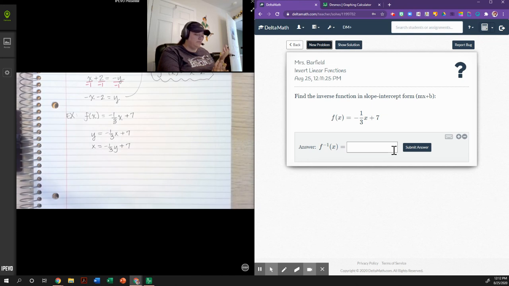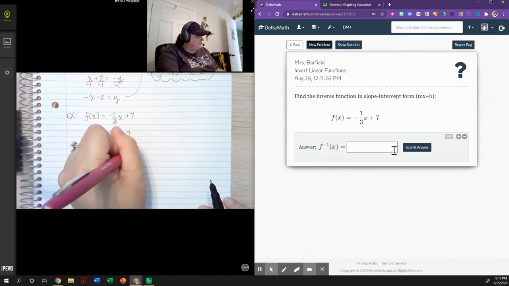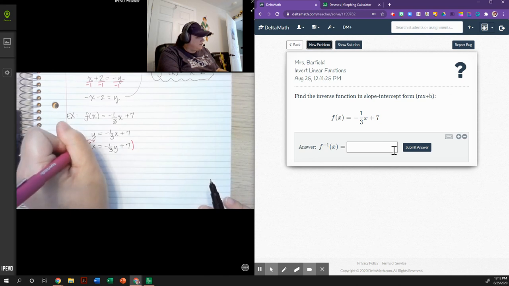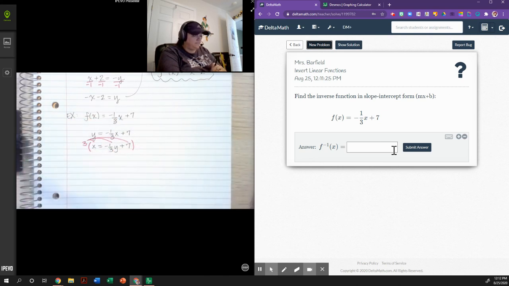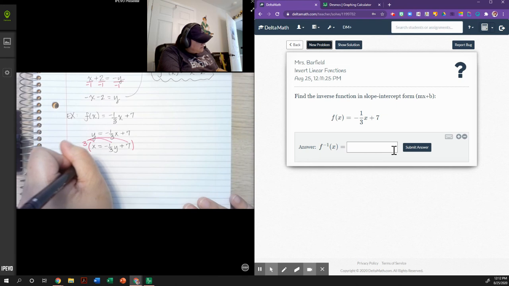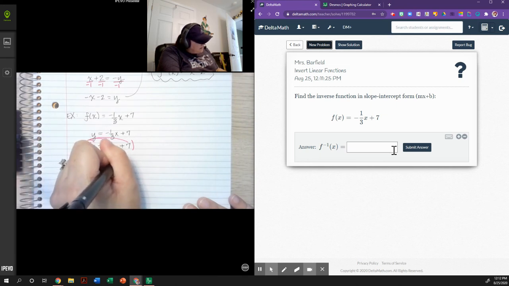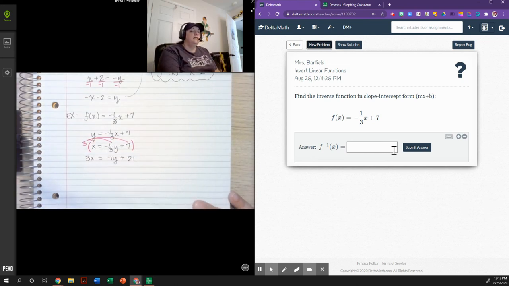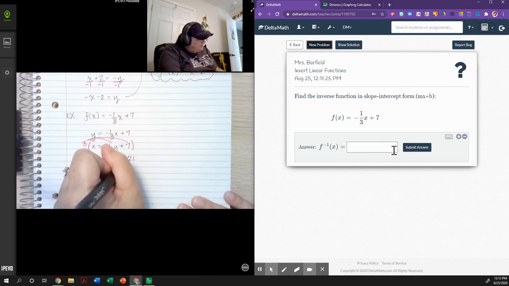For me, I don't like fractions in my problem. So I'm going to multiply through by 3. So 3x equals negative 1y plus 21. That's your choice on what you want to do with fractions. I personally get them out of my problems. So I'm solving for y. You just subtract 21.